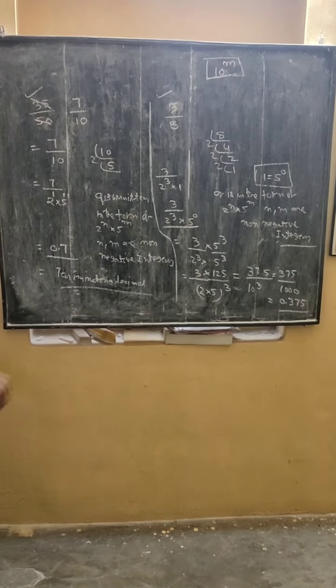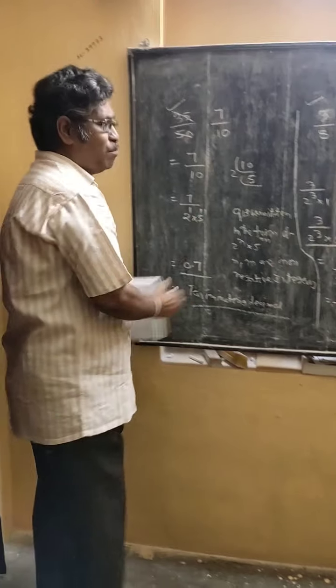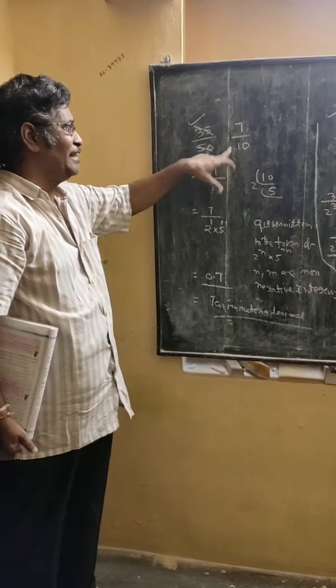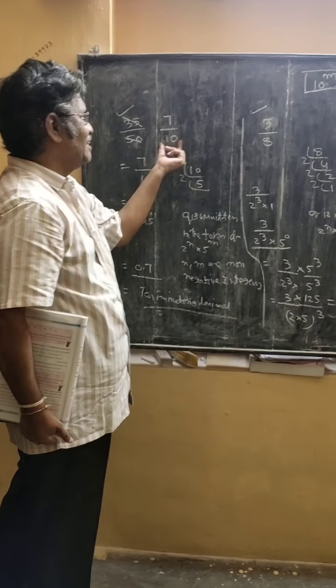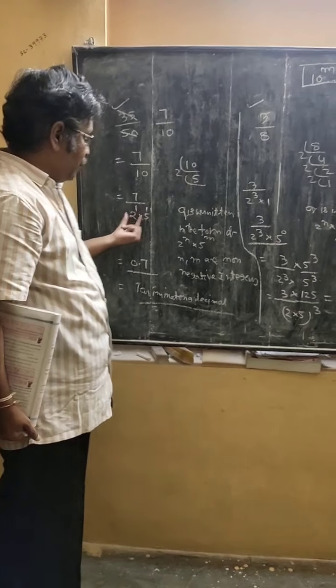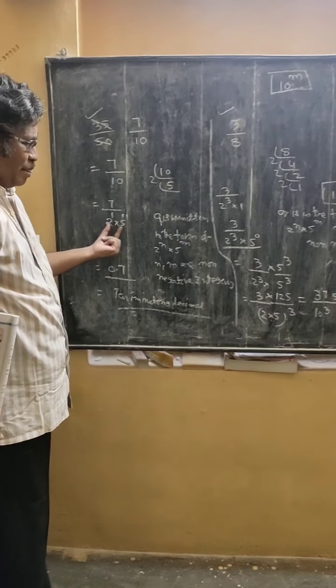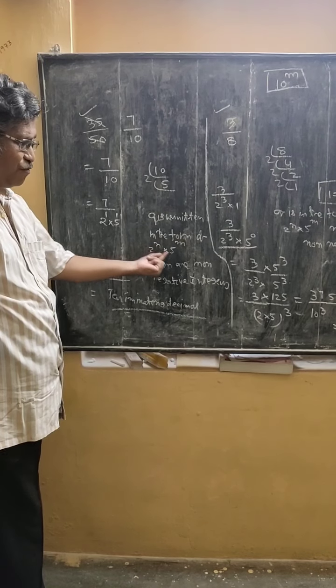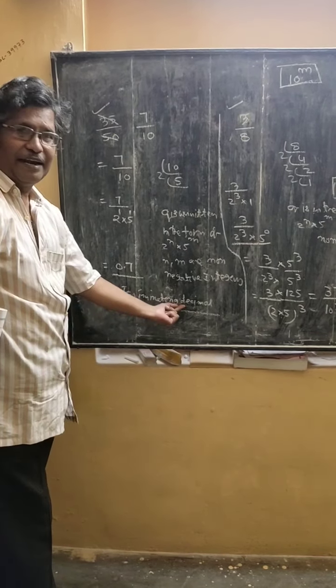Okay? From these two examples we will come to one conclusion. Once again you see, these two are rational numbers in the form of p by q. How are we writing the q? q means the denominator. The denominator is written in the form of 2 power n into 5 power m. Then it will be a terminating decimal.